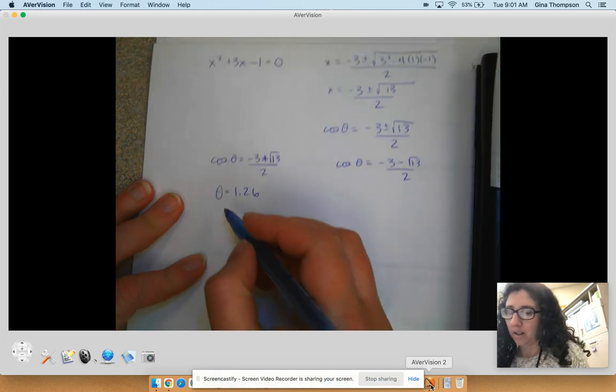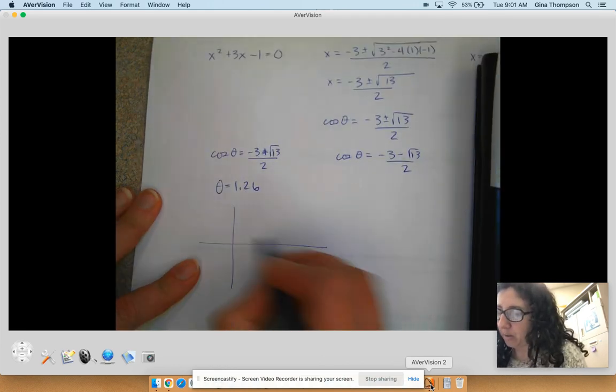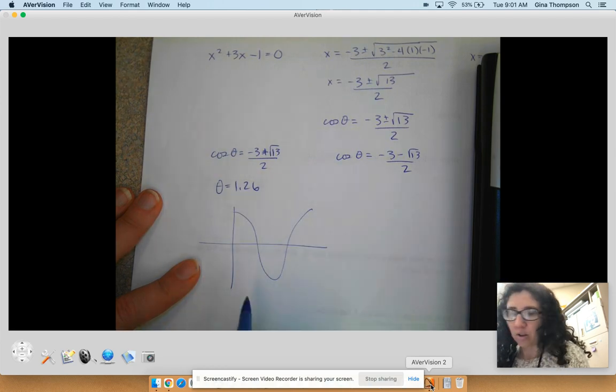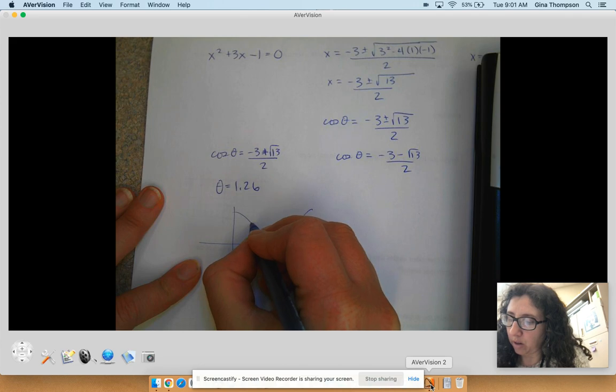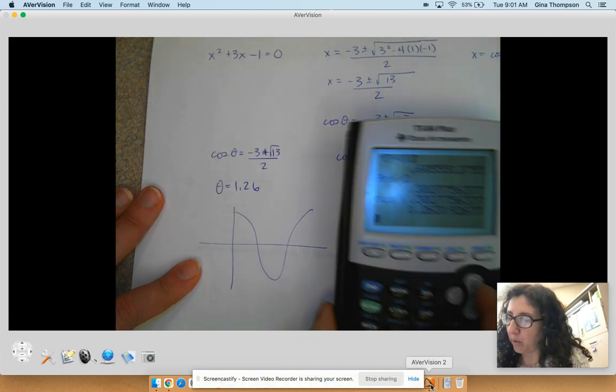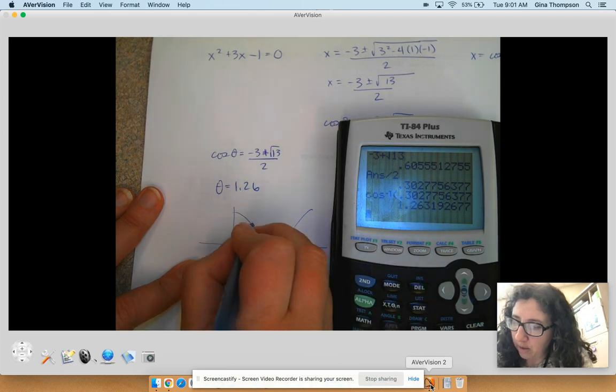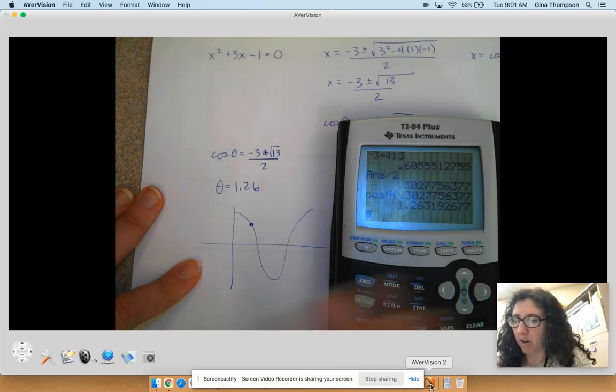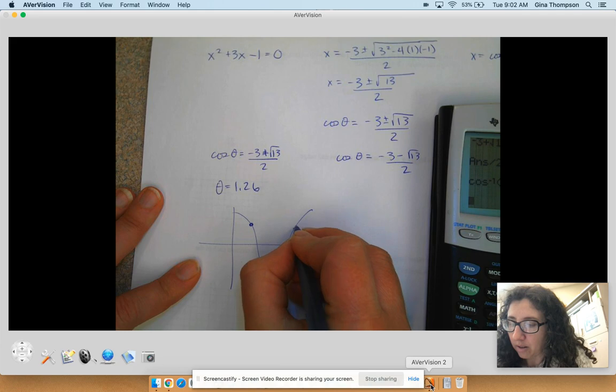Now let's imagine, okay, here's our cosine curve. What value did this give me? This gave me this value here. This was a positive number that I solved for, about 0.3. So this gave me, I don't know exactly what it is, like there, right? So I need to find a second solution.